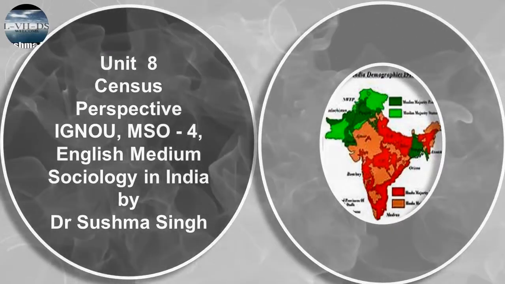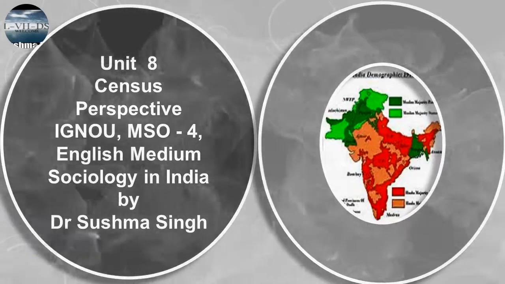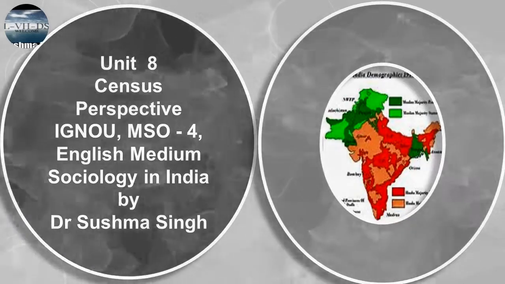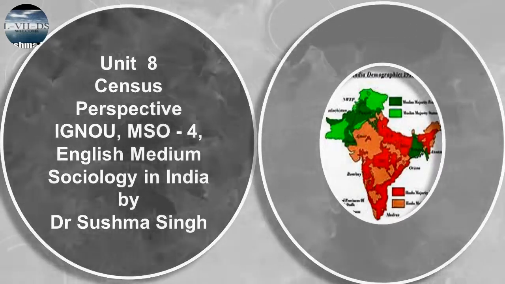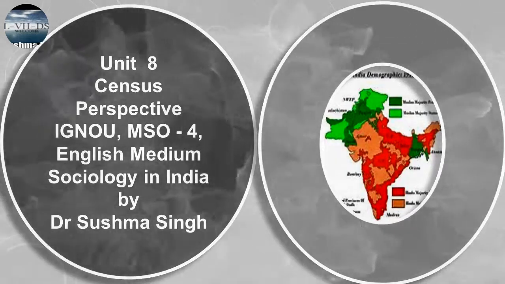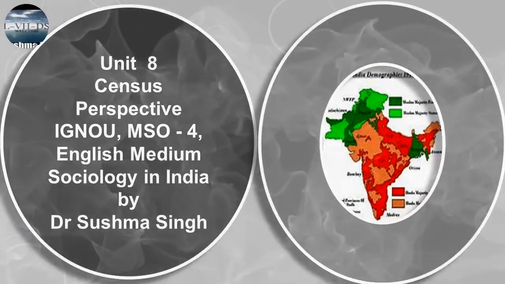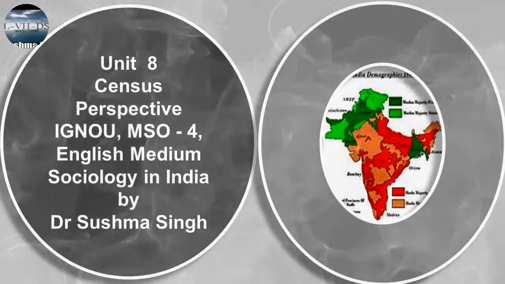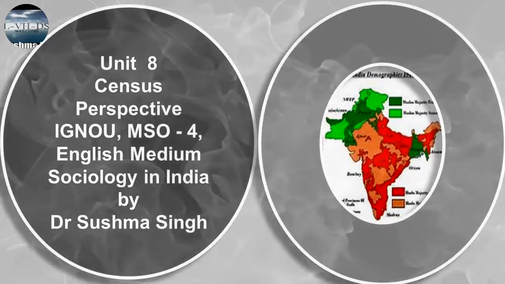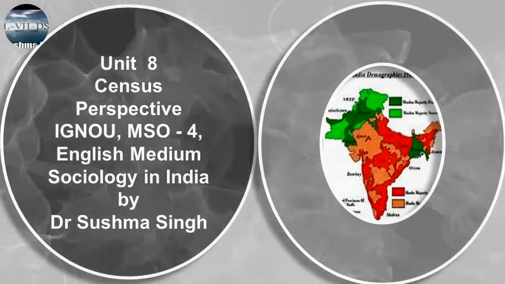The decennial census, along with the series of the imperial gazetteers, ethnographic surveys, settlement records, etc., played an important role in promoting certain ideas of caste and race.